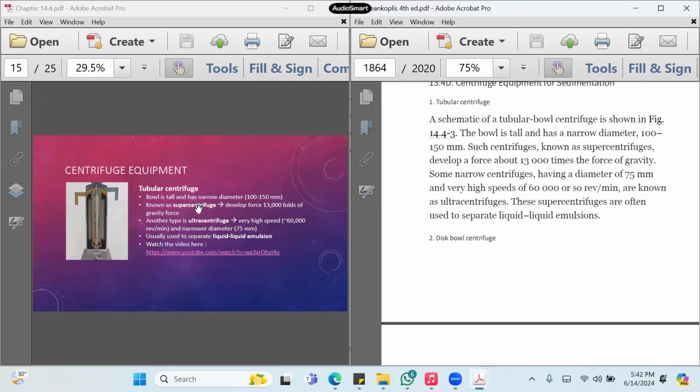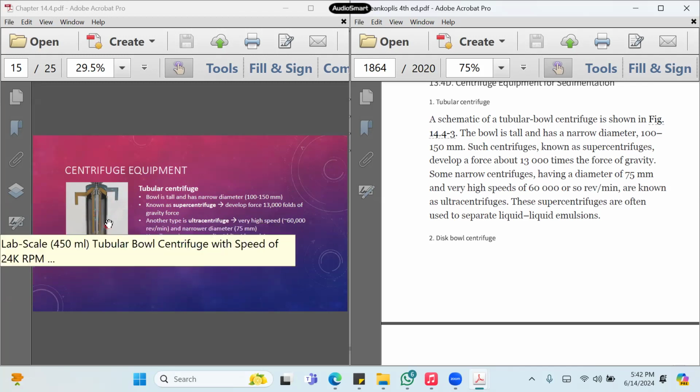A super centrifuge usually develops a force of 13,000 times gravity. Previously in example 1, it was only 100 to 200 times gravity, but now it's 13,000 times. So it's very, very fast.